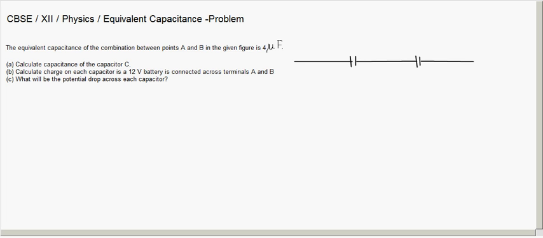This is point A, this is point B, so this is C, which we need to find out, and this is given 20 microfarad. Calculate capacitance of the capacitor C. First we need to find out what is C. So I'll write solution.